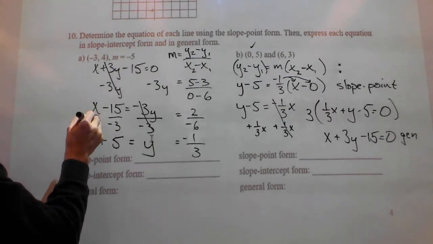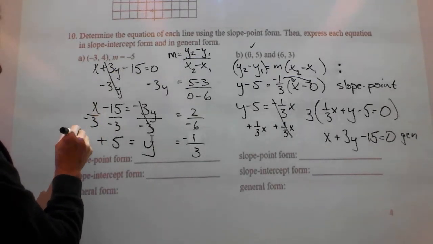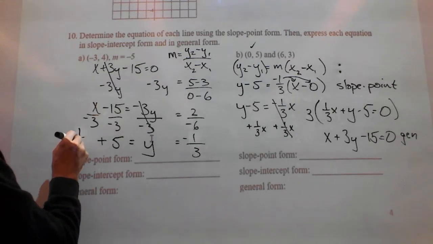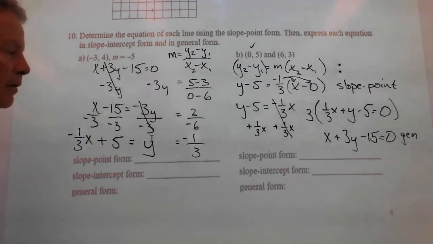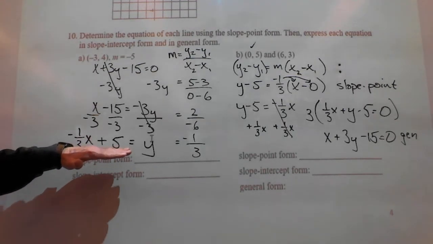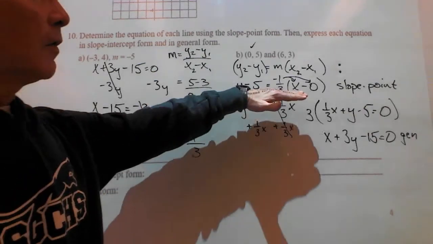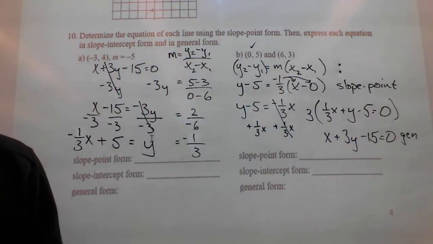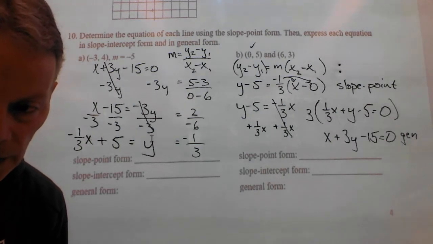And x over negative 3 can be more simply written as negative 1/3 x. Okay. So, slope-intercept form, slope-point form, general form. Okay? That's the end of today's lesson.